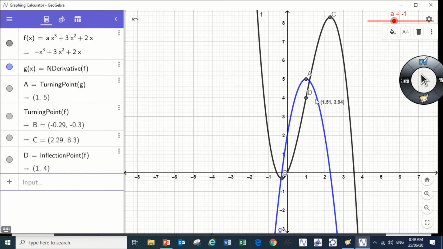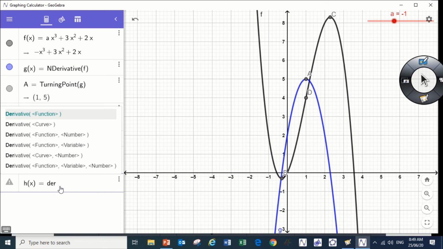All right, let's move on to add the second derivative now. My second derivative, I'm going to call it h of x. H of x, that will be the derivative.